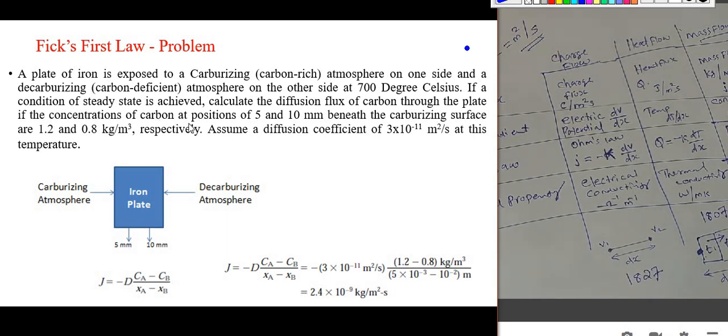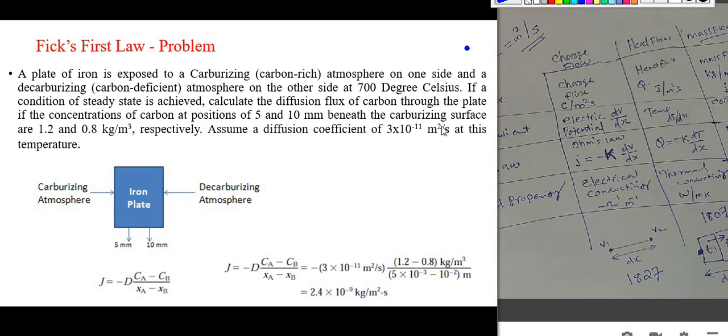If a condition of steady state is achieved, calculate the diffusion flux J of carbon through the plate if the concentration of carbon at the positions of 5 and 10 mm beneath the carburizing surface is 1.2 and 0.8. So Xa and Xb are given as 5 and 10 mm, and the concentrations are also given at these two points.